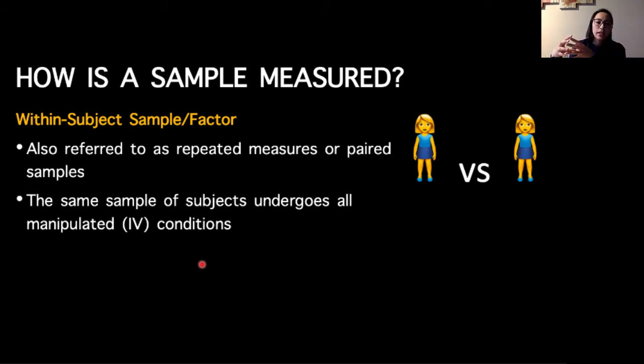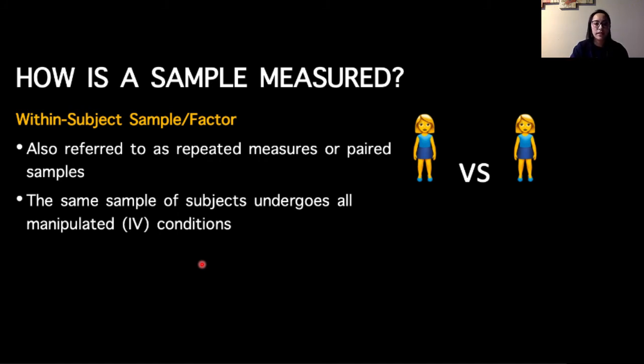And then the second condition would be post-training program. And then we take the same measurement on how many pounds they can squat. Right? So in that case, we've used the same sample and we've measured them more than one time for two different categories or two different conditions that we then want to compare together.